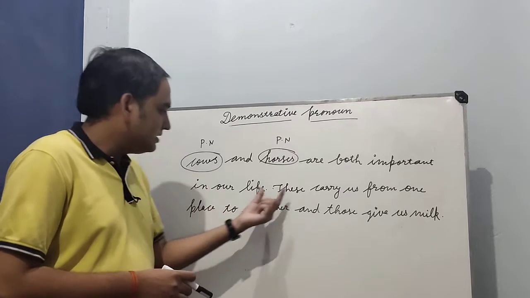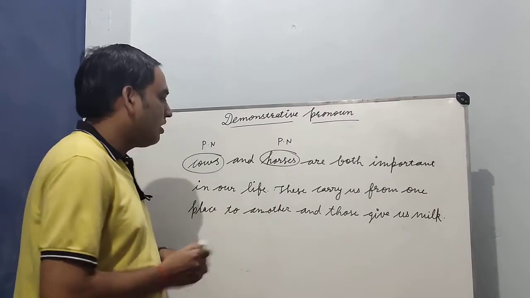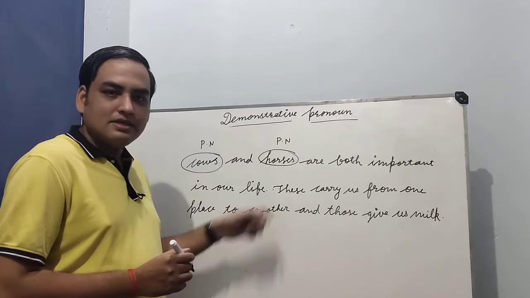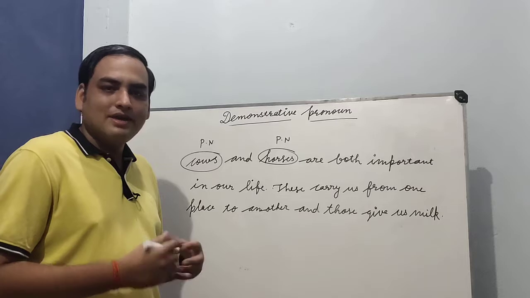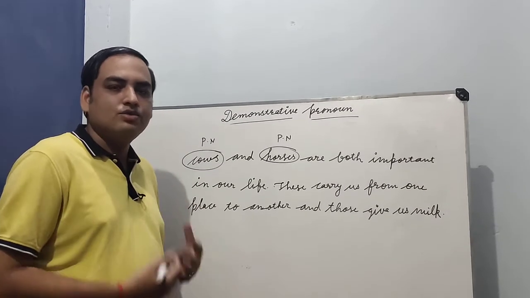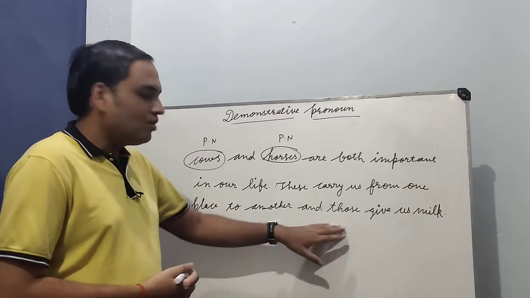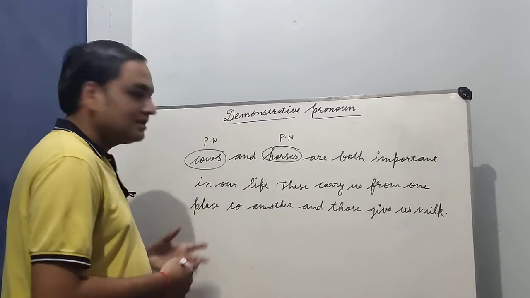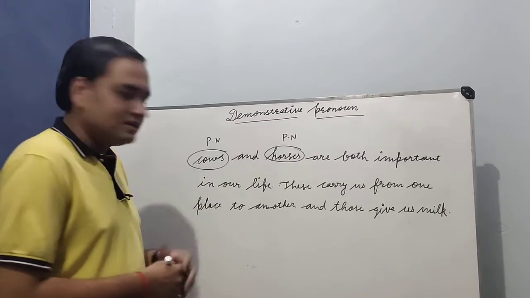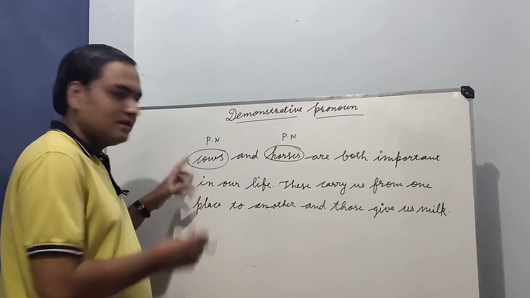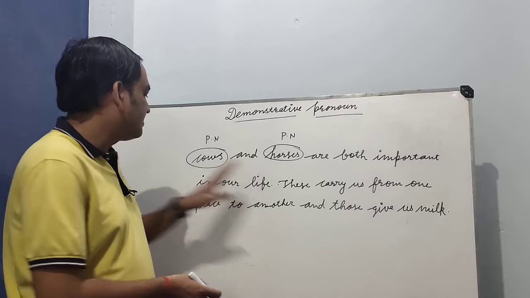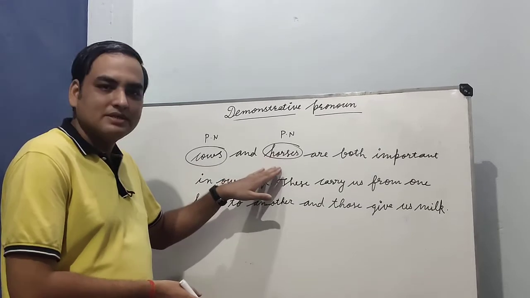We can use these for horses and those for cows. These is the pronoun that represents plural things, but the things should be nearer. And those represents things available at a remote position, the farthest situation. Cows are in a distant position. It means those represents cows and these represents horses.